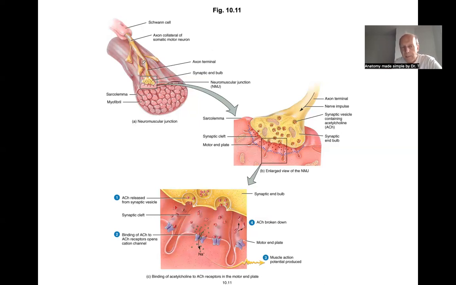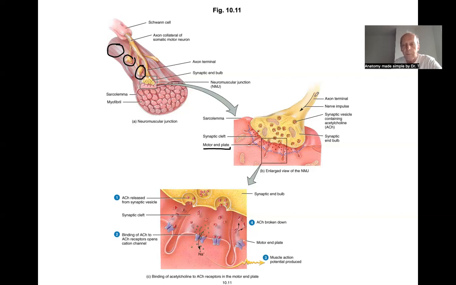Only part of the sarcolemma is good for that. Not this segment, for example. It would not be good. It is a segment where we already have the synaptic end bulb and part of the sarcolemma, the one which responds positively to changes induced by a single nerve fiber or synaptic end bulb, that we call the motor end plate.